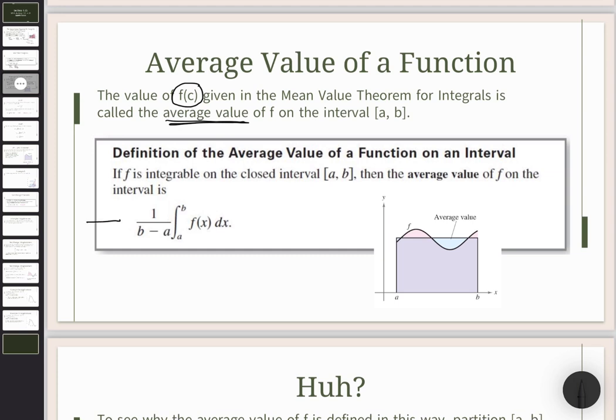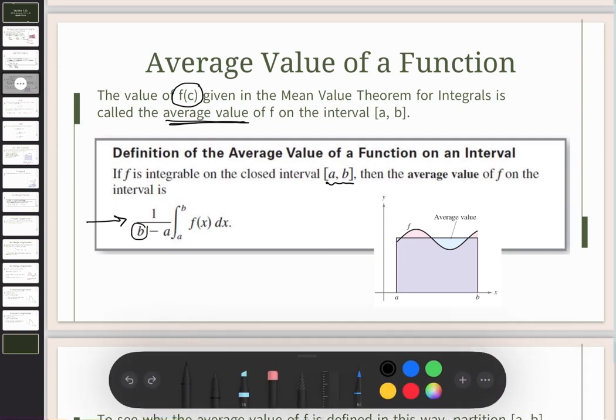This right here is our definition for the average value: 1 over b minus a, since in our closed interval I'm going from a to b, so I substitute b and a for these values down here. Write this equation down: 1 over b minus a times the integral from a to b of f of x dx. This will represent your average value. So this represents your f of c value.